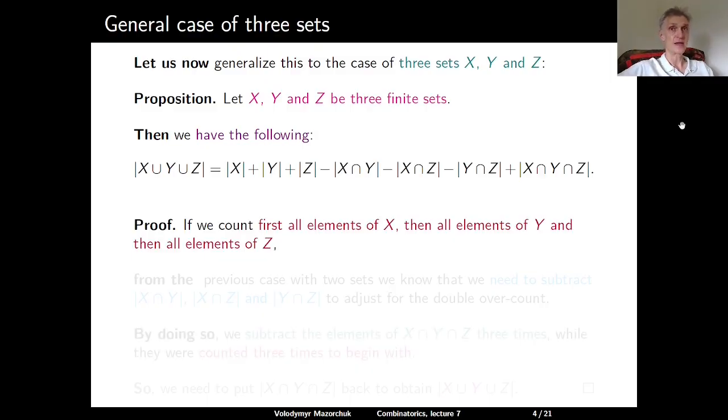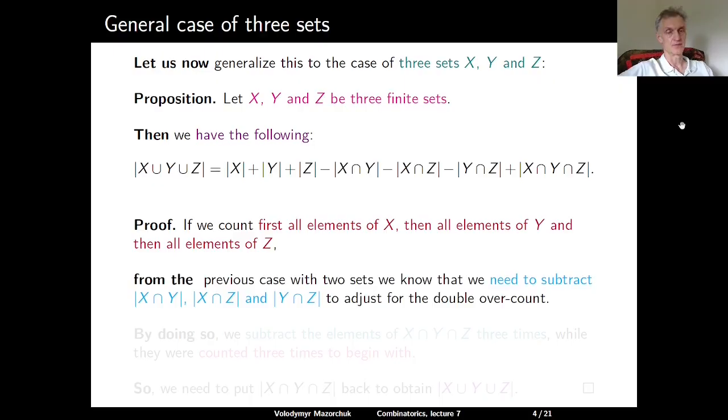Proof: again, like for two sets, let's count elements of X, then elements of Y, and then elements of Z in some order. From the previous case, we know that we overcount the intersections. So we need to subtract the intersection of X and Y, the intersection of X and Z, and the intersection of Y and Z, because we count them twice.